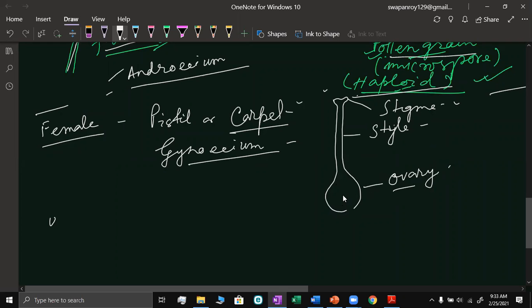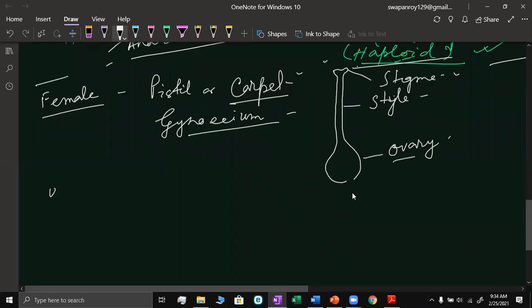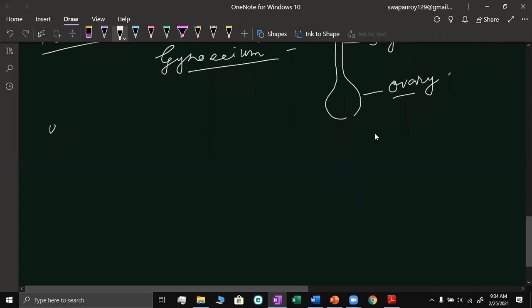Within the ovary there are one or more ovules. These ovules we can say are megasporangium.